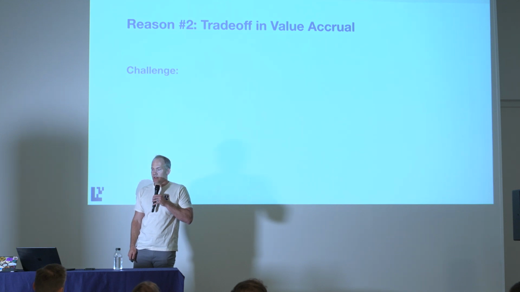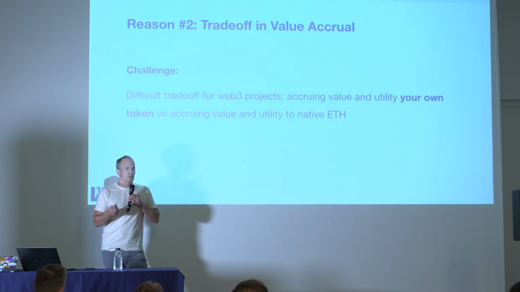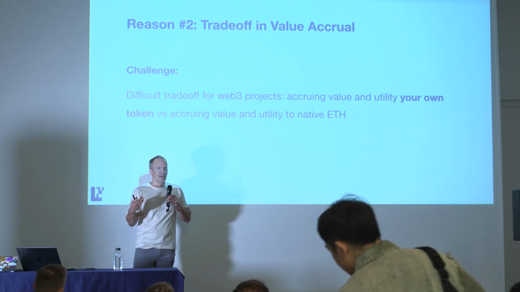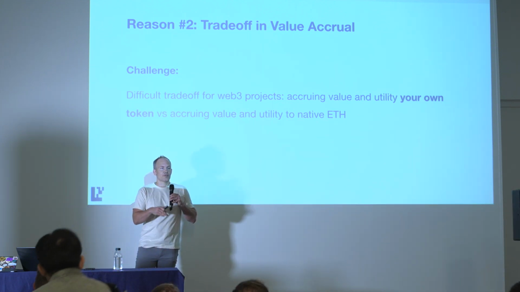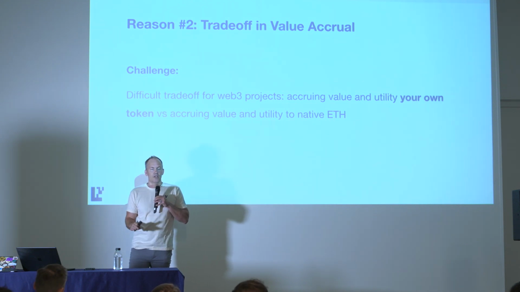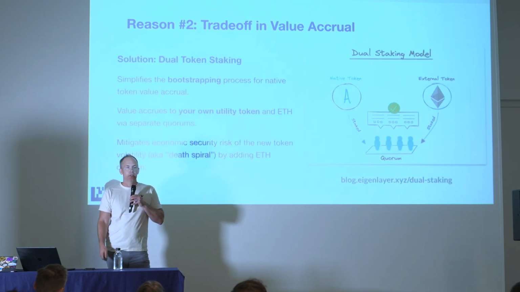The second one is for new tokens that are launching from scratch and want to secure their network. If I want to launch Westcoin, the new AI app, people are going to have to purchase Westcoin, and the TVL is going to have to grow over time, but it starts at a very small amount. So how do you bootstrap a net new network with economic security?